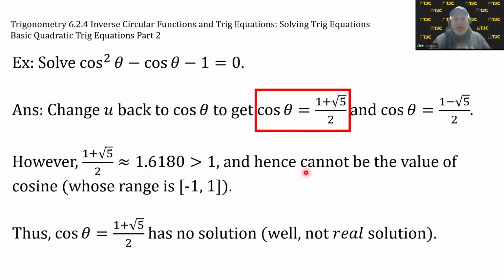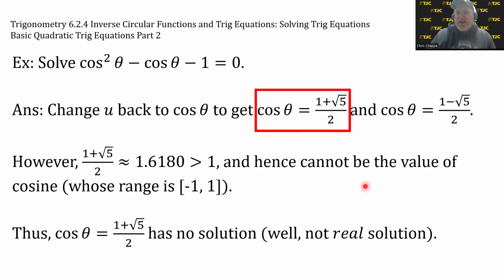That's greater than 1, and hence cannot be the value of cosine. The range of cosine, remember the graph, is between negative 1 and 1. You cannot take a cosine and get a value bigger than 1. If you tried inverse cosine, it would tell you domain error, and that's your signal that this part generates no solution. Well, it's not a real solution. There's a complex solution, but that's beyond the scope of this course right now.